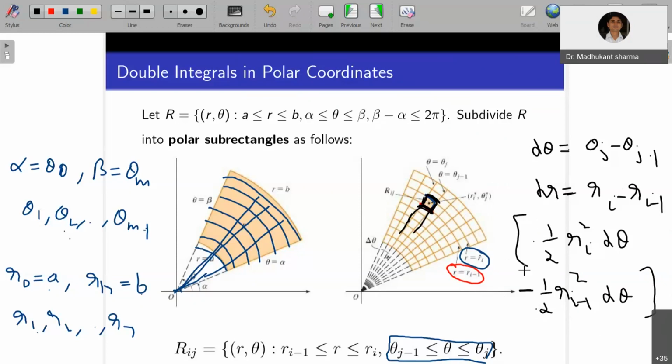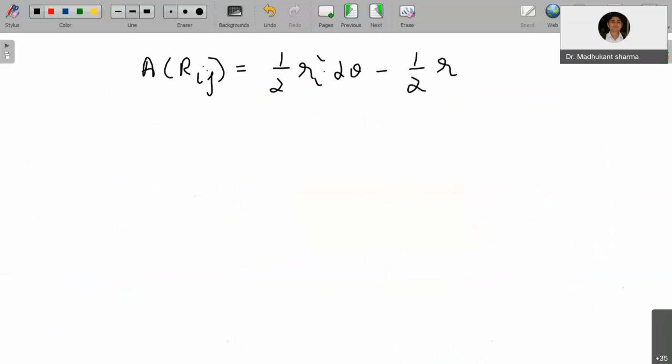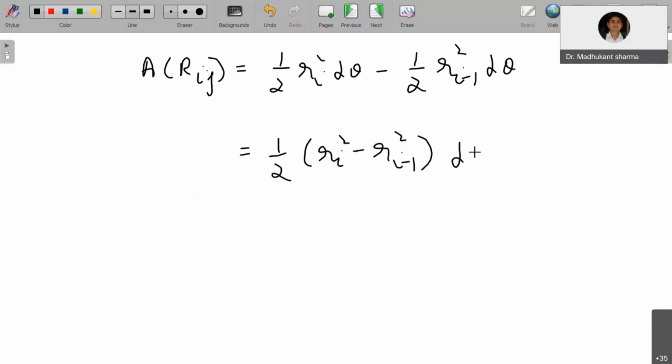Okay, so now you can simplify it. What is the area of this polar rectangle Rij now? It is equal to 1/2 ri square d theta minus 1/2 (ri minus 1) square d theta, which equals 1/2 (ri square minus (ri minus 1) square) d theta.